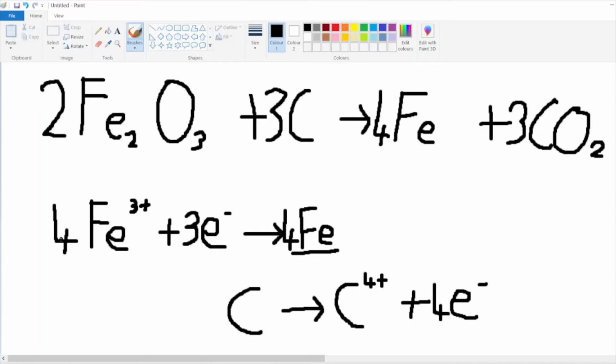Well, if we have 4 times 3+ ions, there's 12 electrons to gain in total, so this has to become 12 here, and this is our finished half equation, particularly for this reaction.